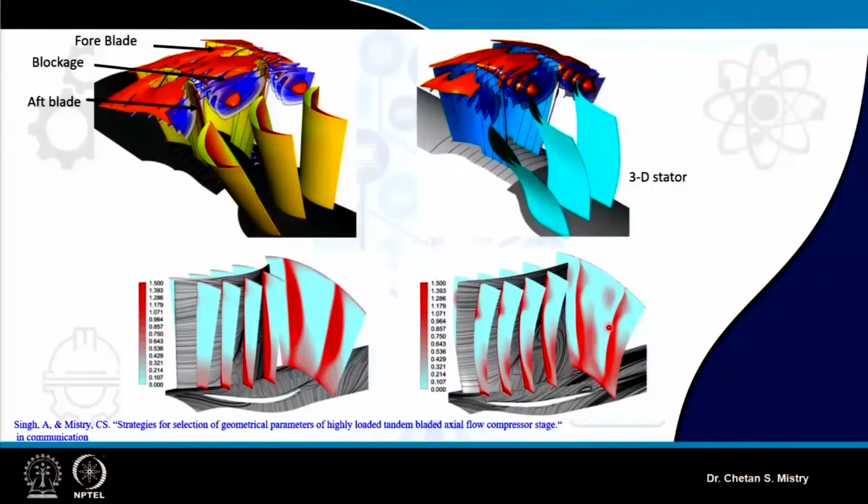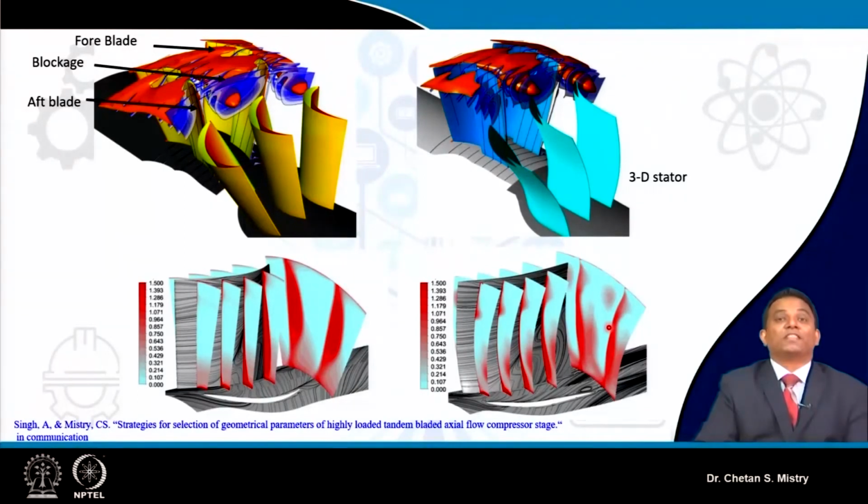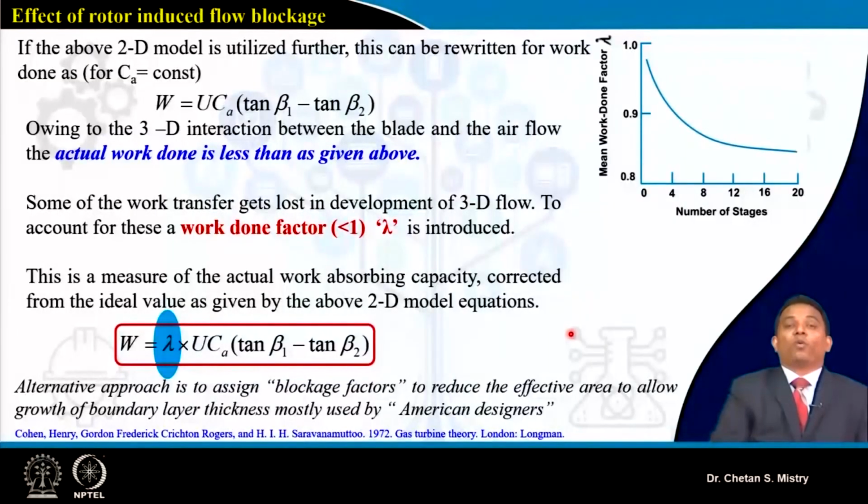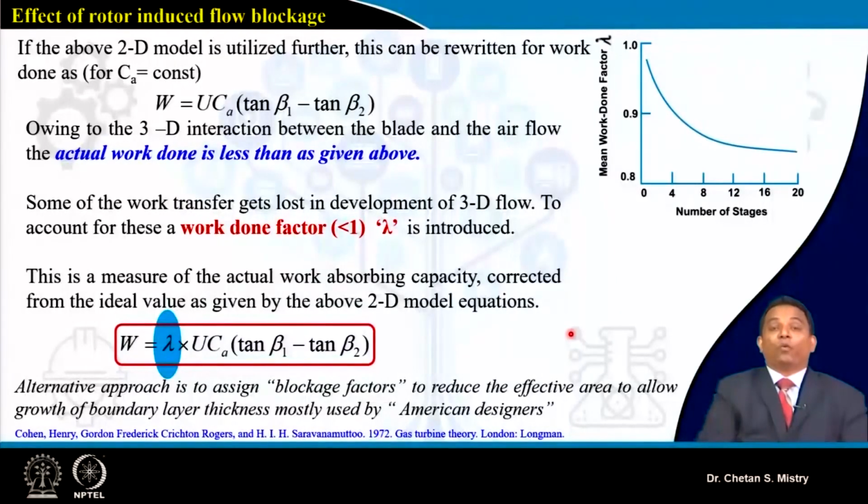Experimental work is going on in order to assess the performance of this tandem bladed stage. Now, what we have calculated using the fundamentals of the two-dimensional equation says my work done is given by U C_a (tan beta 1 minus tan beta 2).